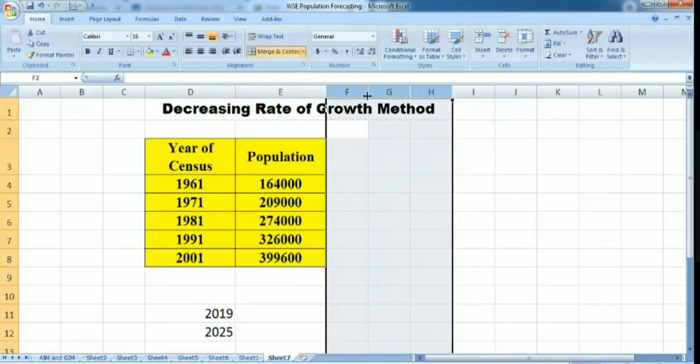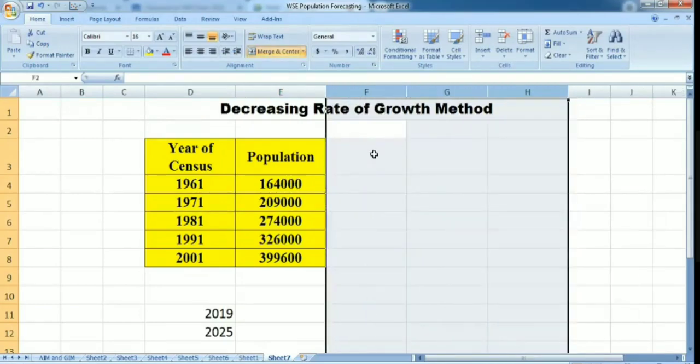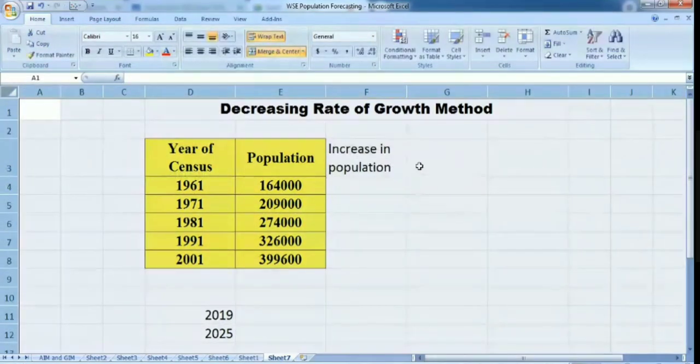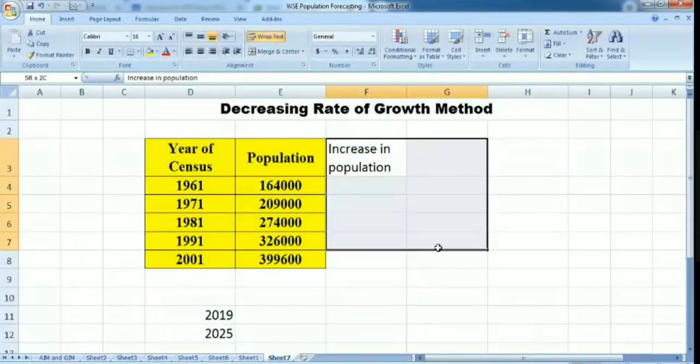Before going for it, we need to understand what we need to determine. We need to determine the increase in the population from one decade to the next decade. That is the first requirement. What is the second requirement? Any one of you can tell me so that I get to know you have followed something.